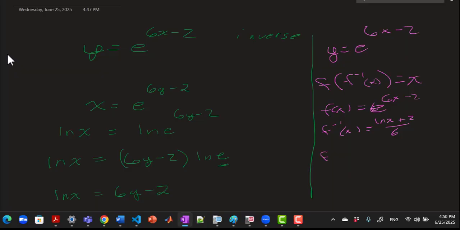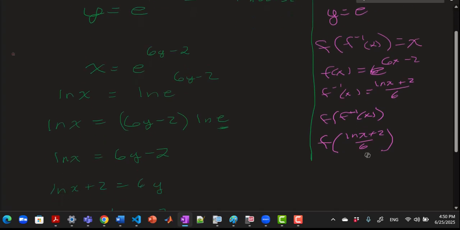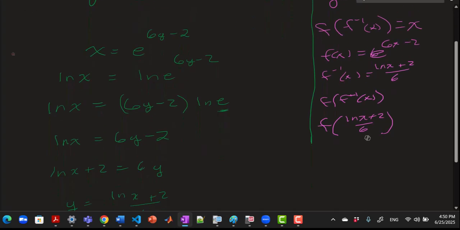So what is f of f inverse of x? So that means I want to find f of the natural log of x plus 2 over 6. So that means I want to replace x in f with this value right here.